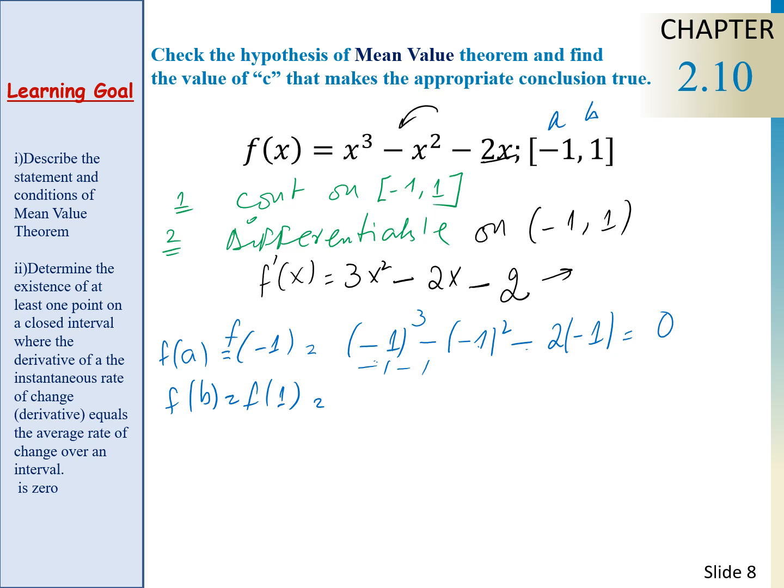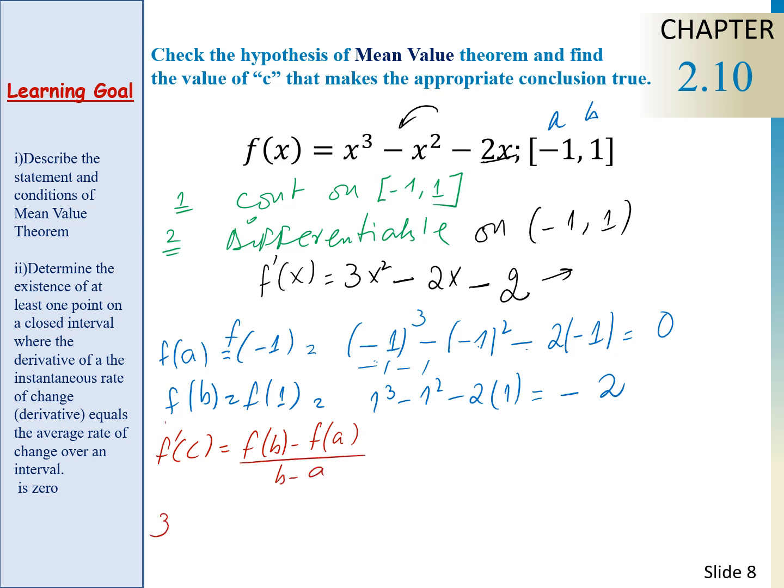Okay, now the second one, f of 1. Put in 1 cube minus 1 square minus 2 times 1. So you will get 1 minus 1 cancel, minus 2 times 1 gives us -2. Now put all these values in the mean value theorem. What does the mean value theorem say? That f prime of c equals f of b minus f of a over b minus a. So what is f prime of c?